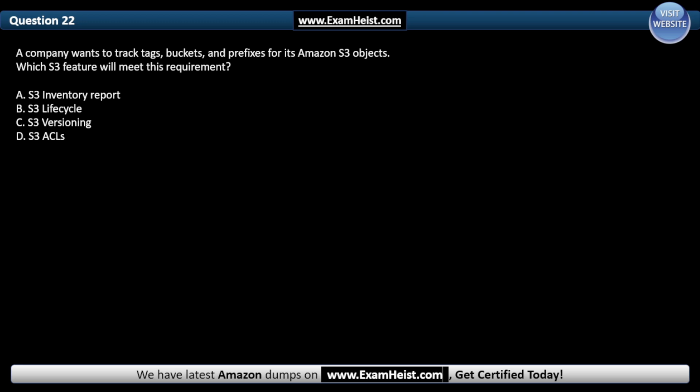Question 22. A company wants to track tags, buckets, and prefixes for its Amazon S3 objects. Which S3 feature will meet this requirement? The correct answer is A. S3 Inventory Report.